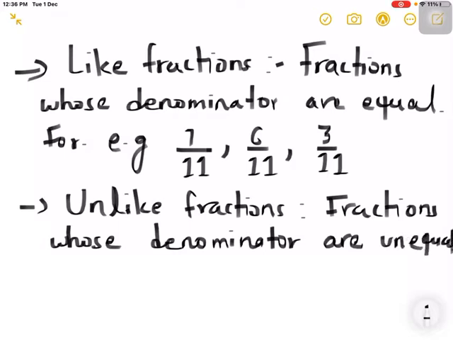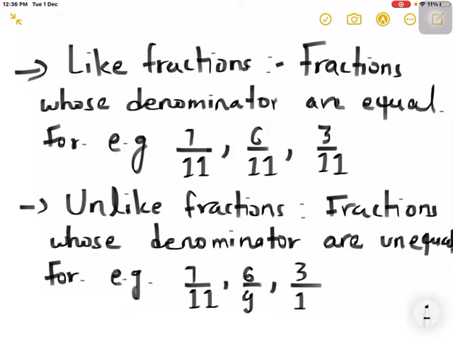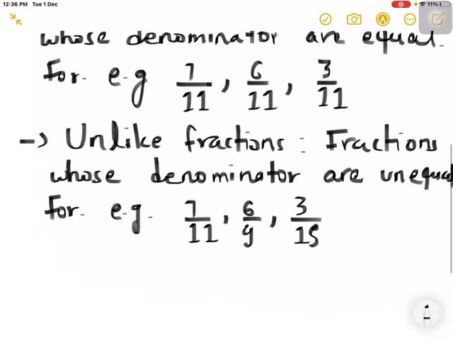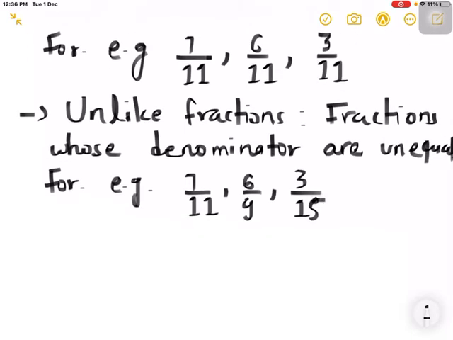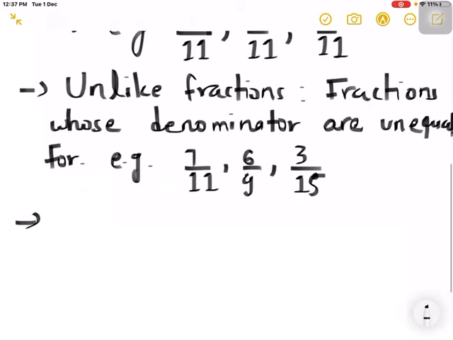For example, 7 by 11, 6 by 9 and 3 by 15 are this type of fraction, because their denominators are different.